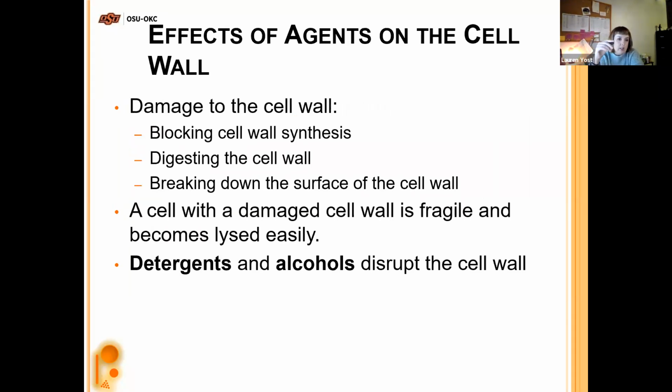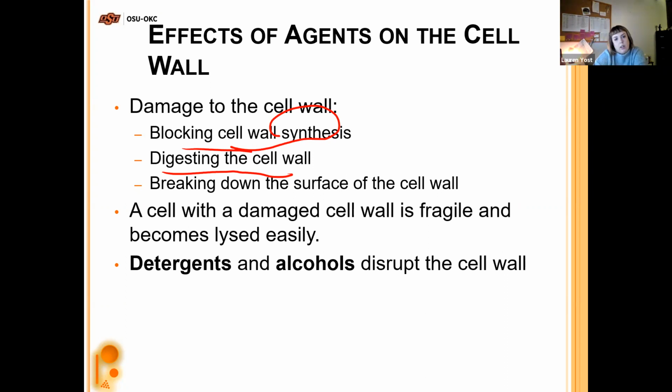So the things that attack the cell wall, we're going to mostly be talking about things that block the cell wall synthesis so that new bacteria, as they're growing, cannot make new cell walls. The old ones are going to die. So these are things that will digest the cell wall as well. We can either block it from being made, we can digest it and break it down, or break down just the surface of the cell wall.